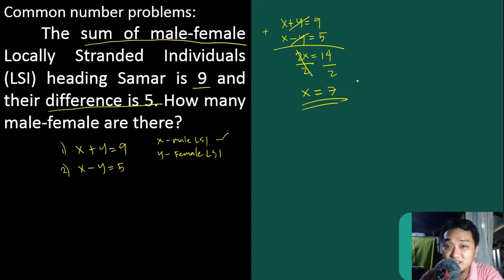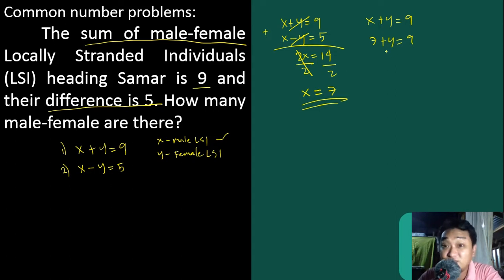Oh, we're not yet done, we still have to look for the value of y. So we can make use of either of the two linear equations to solve for the value of y. So I think we can make use of this first linear equation here. So we have x plus y is equivalent to 9. Since the value of x is 7, that is 7 plus y is equivalent to 9.